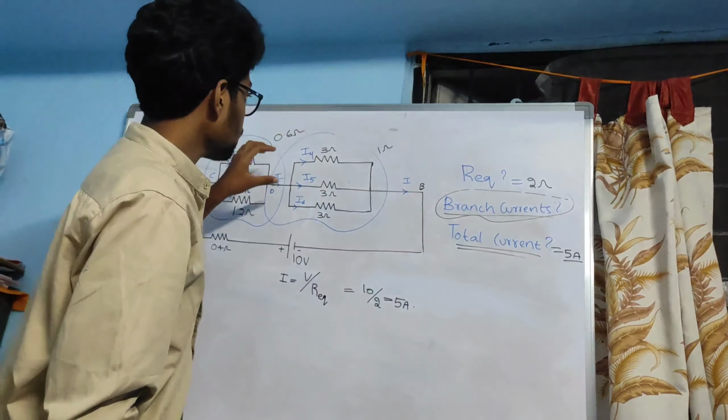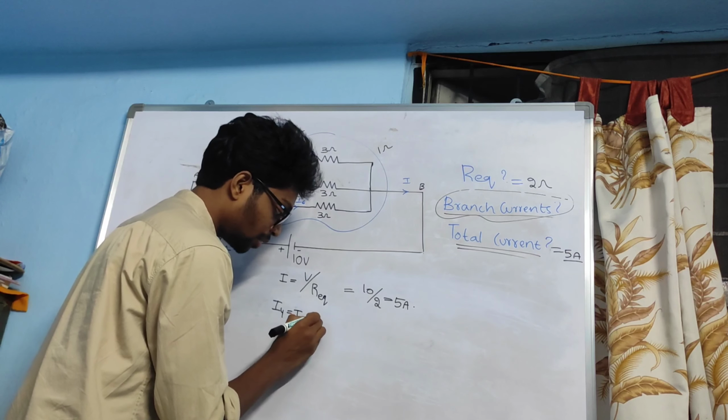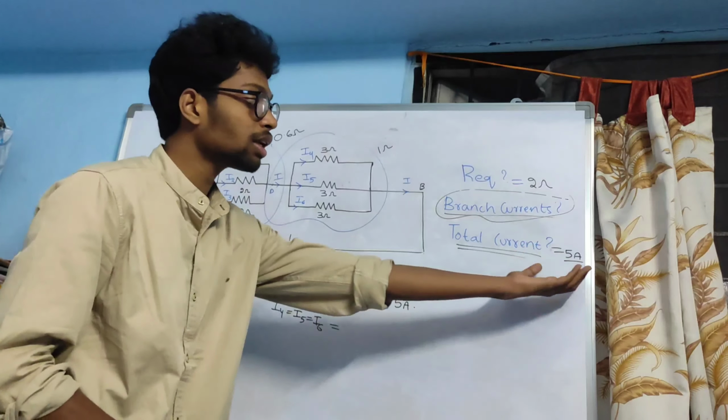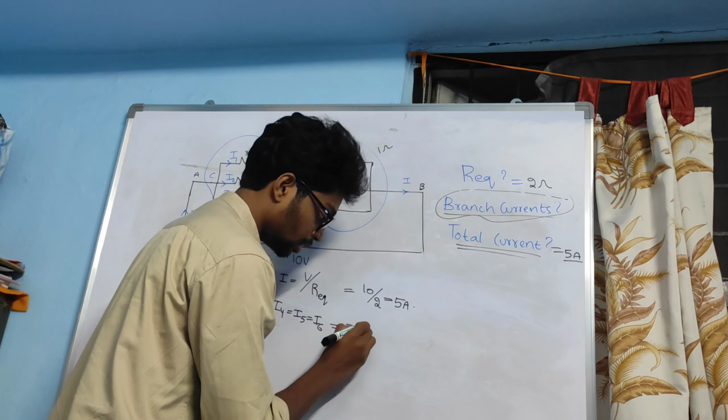So I4 equals I5 equals I6, that is equal to 5 divided by 3, because the total current is 5, that is I divided by 3. 5 divided by 3, we get 1.66 amperes.